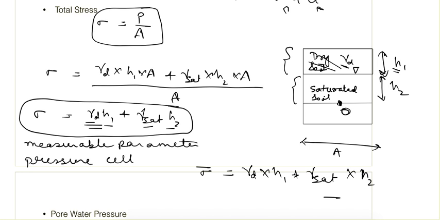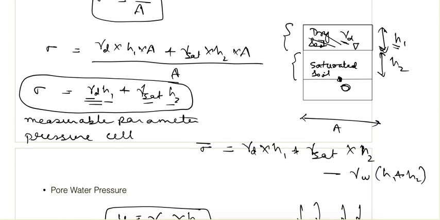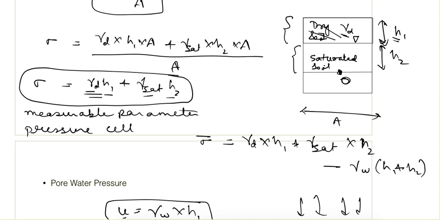So the pore water pressure will be gamma W into H1 plus H2. Sorry, the water table is here, so it is gamma W into H2, because it will be calculated for this distance.